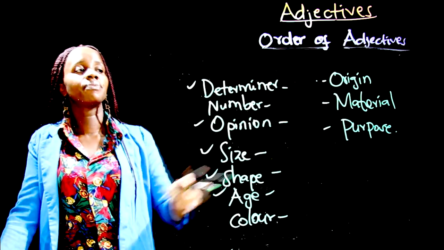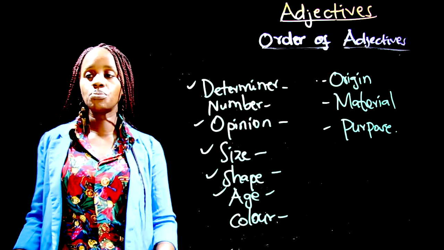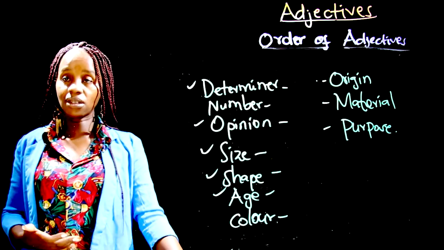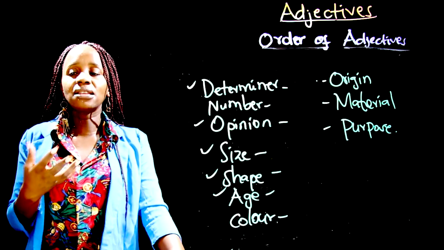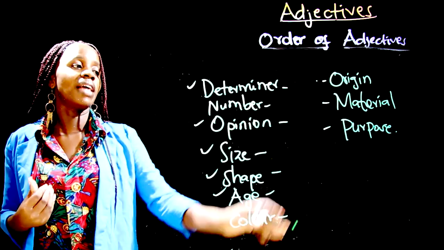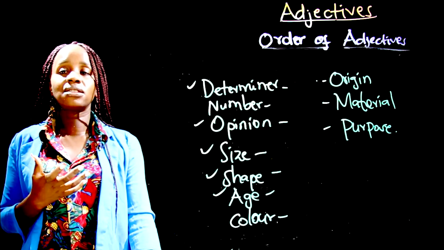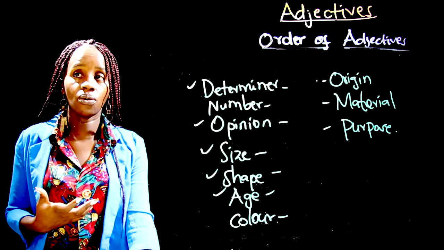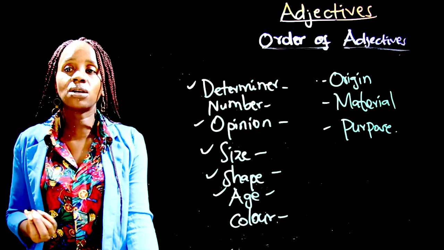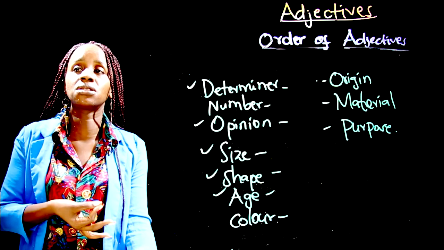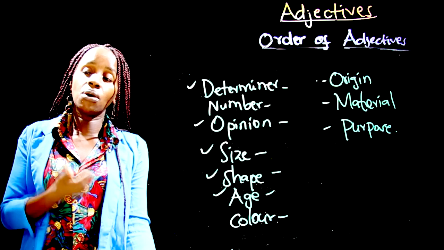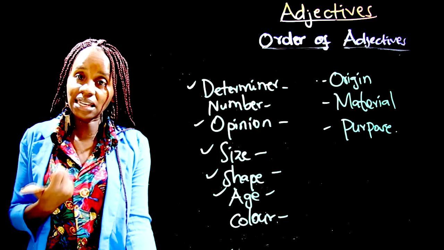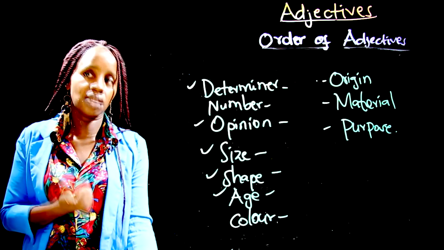Then material could be wooden, silk, velvet, earth, mud, anything that is used to make that. Then purpose, what is it meant for? Our previous example was a white sailing boat. Sailing means that boat is meant for sailing.